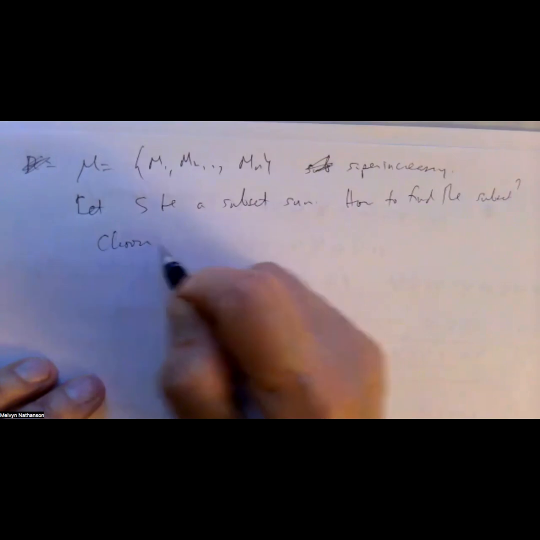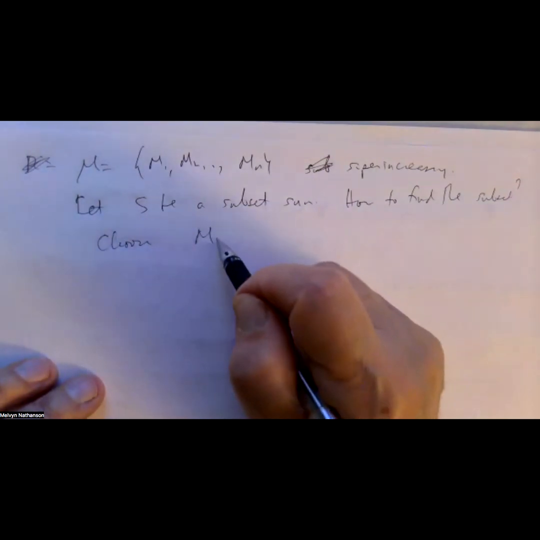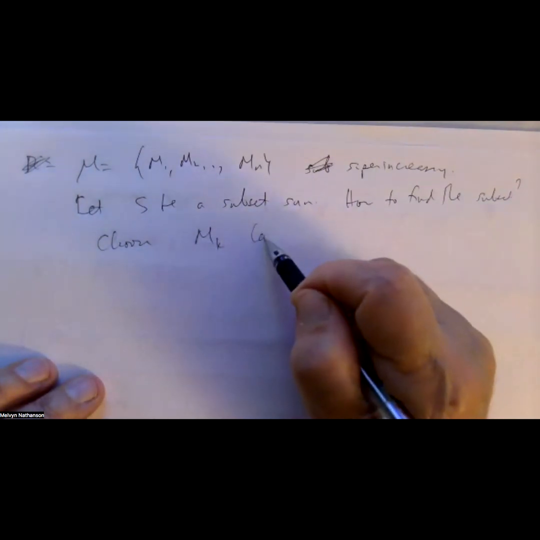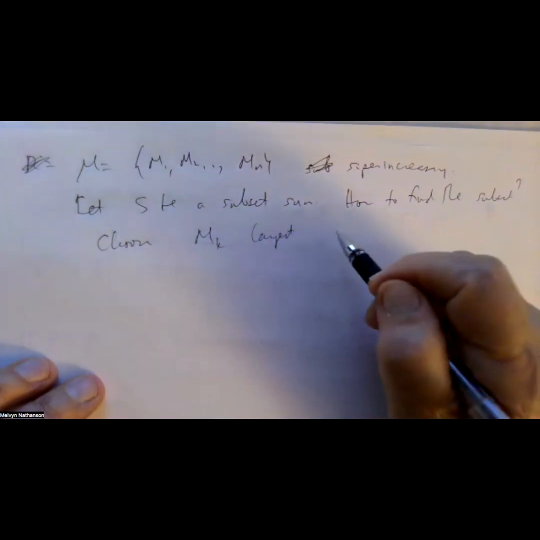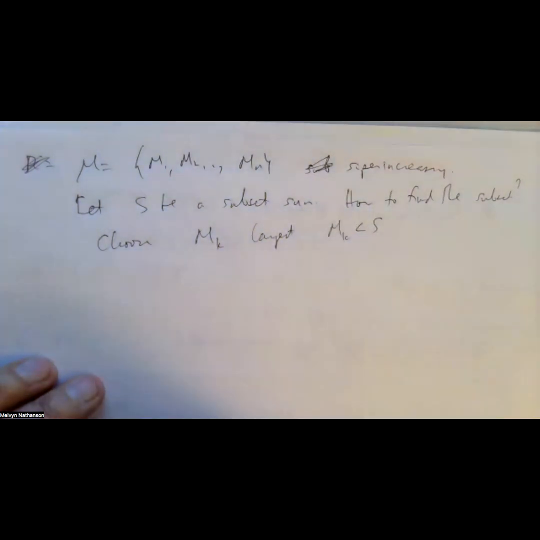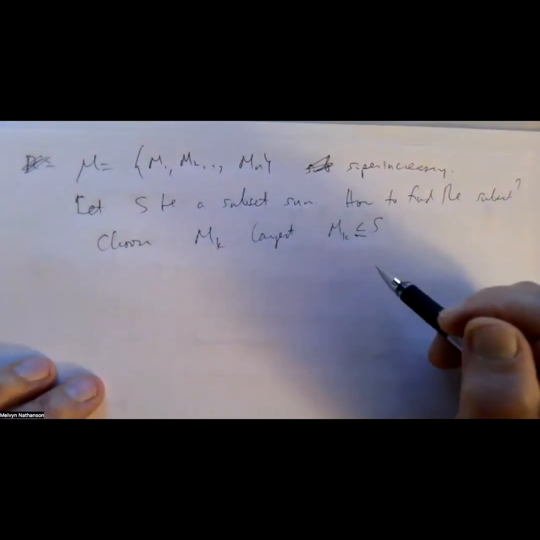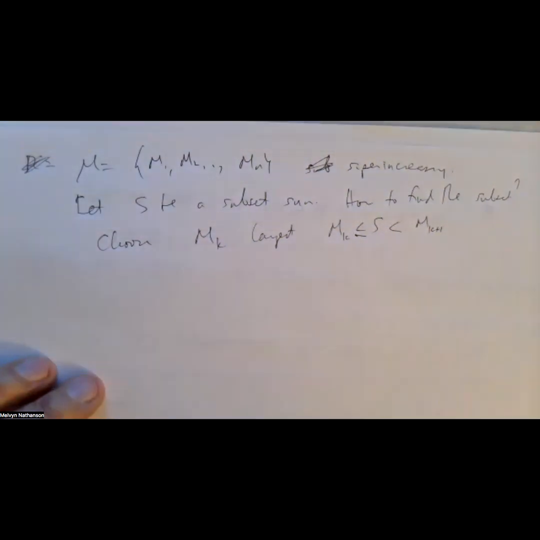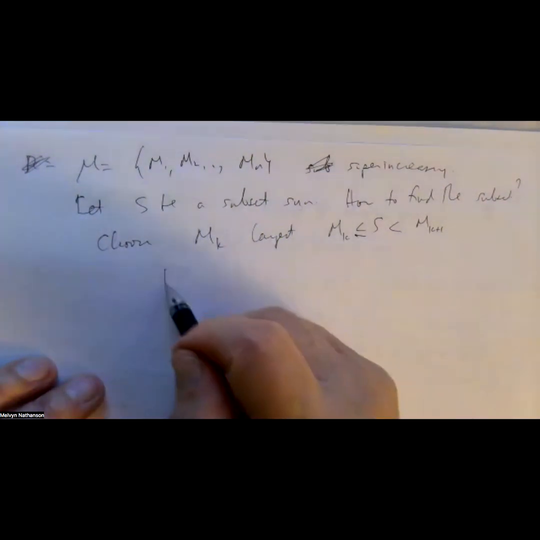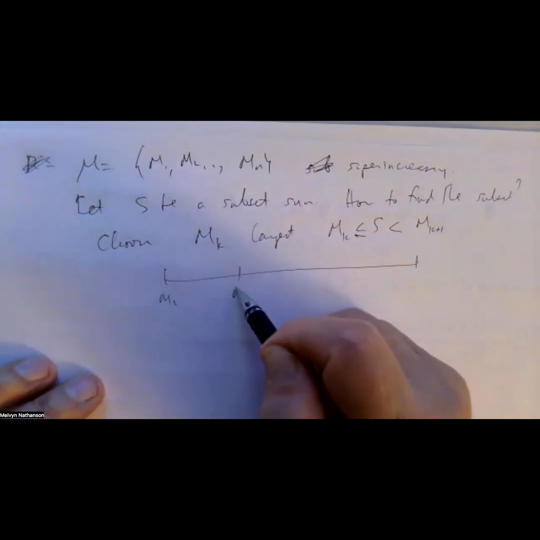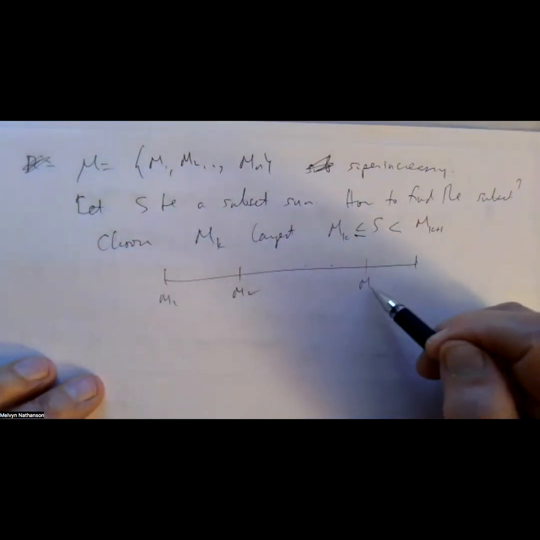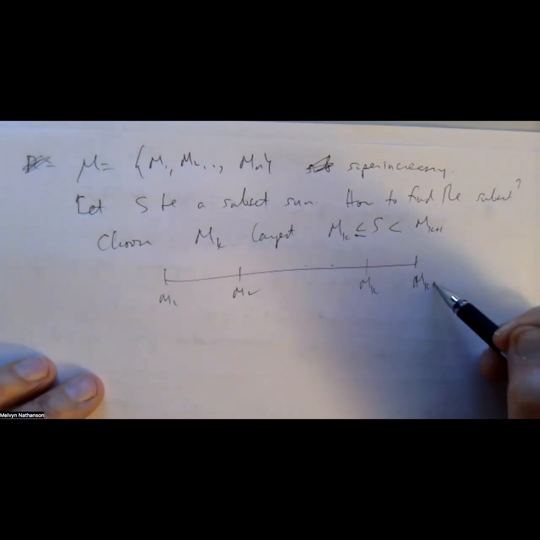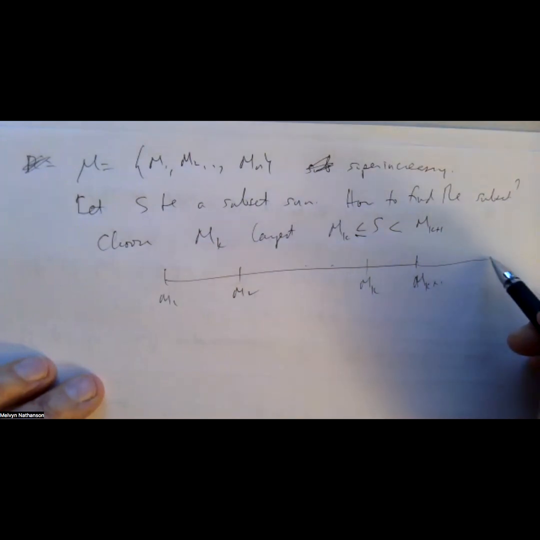So choose M sub k, the largest element in the sequence with M sub k less than or equal to S. So that means S is strictly less than M sub k plus 1. So you have these numbers that are getting bigger and bigger: M1, M2, M sub k plus 1, and so forth.